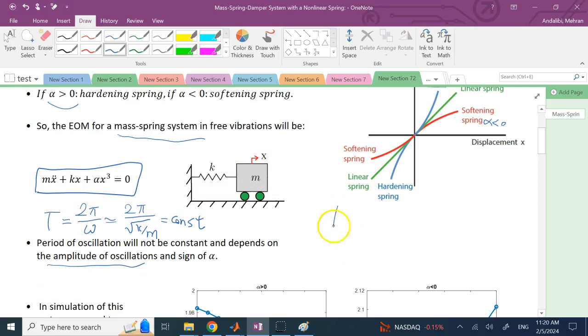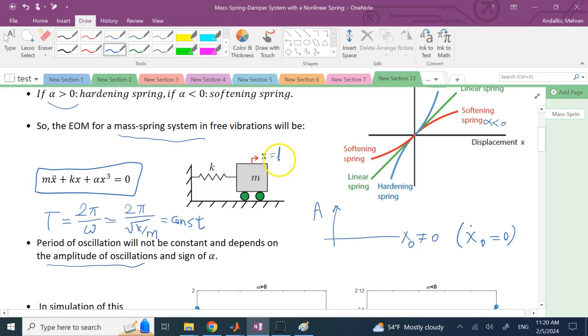This T, if you plot it versus x0, let's say x0 is not 0, but x dot 0 is 0. So you just started from some non-zero x0. If you plot the amplitude of the oscillation, the response, so x equals some A times cosine of omega n t, it is going to be constant, the period of oscillations in this case, based on this x0.